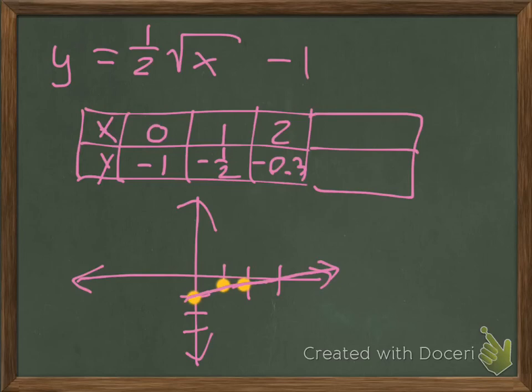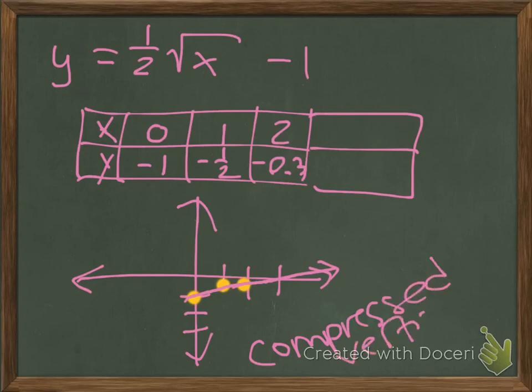So I would say that this is not stretched vertically, but it's compressed vertically, because the numbers are getting smaller for y. And then our domain is still going to be starting at 0, because it doesn't go past the y-axis. We can't get any lower than x is 0.